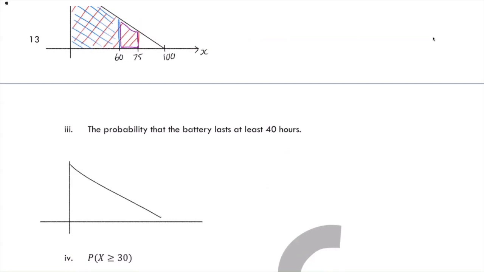0 to 40. Yeah, but watch this, let's say 40 is here, if you're trying to find this, just 1 minus 0 to 40. Perfect, but isn't 0 to 40 just f of 40? Yeah, perfect.